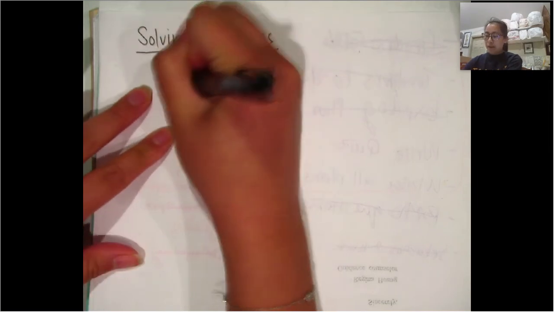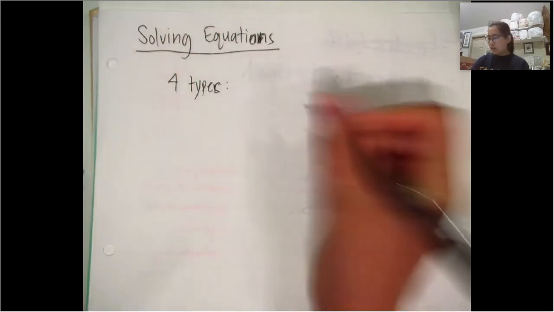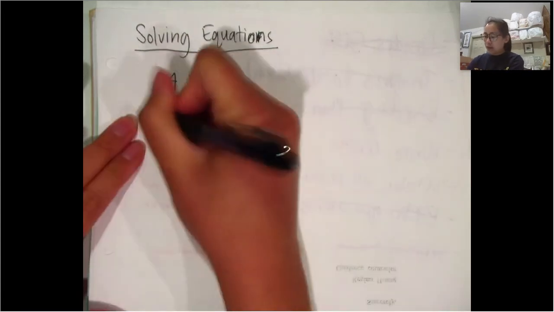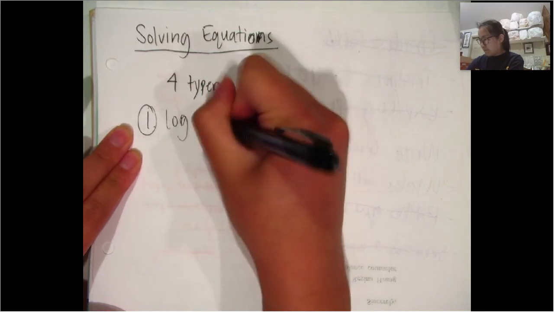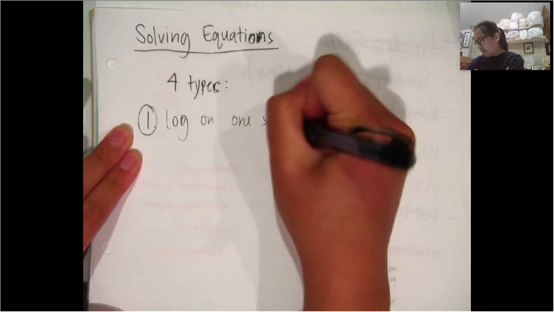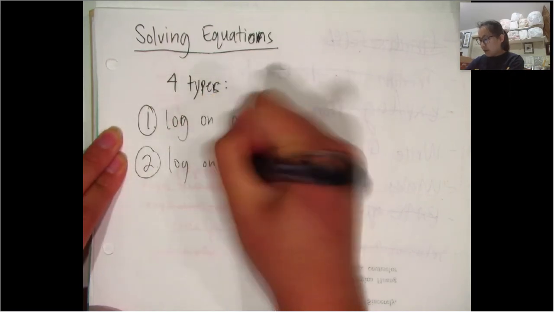And we're going to have four basic types that we're working with in this class. Okay, and so the four types are going to be: the first one is log on one side. The second one is log on both sides.